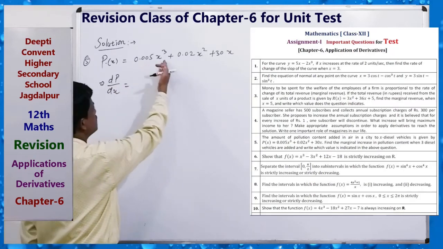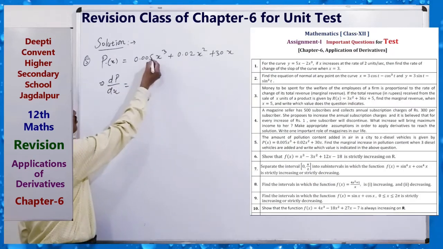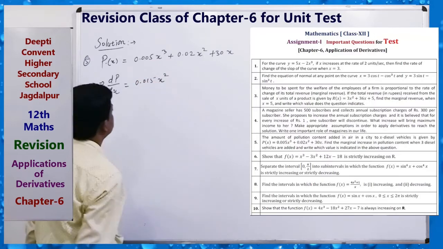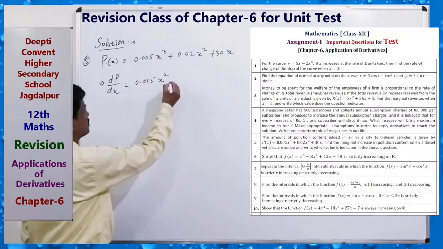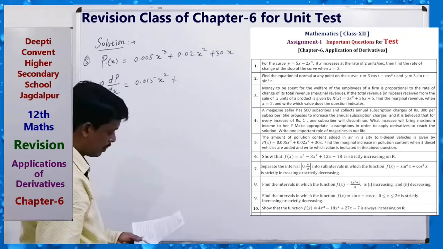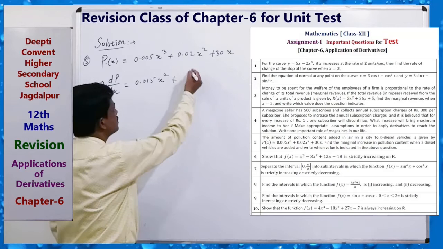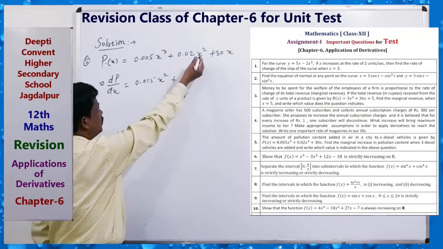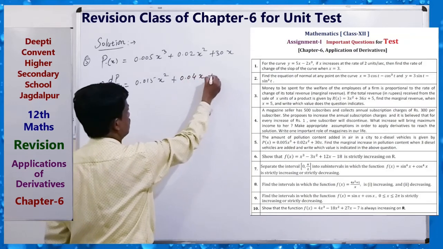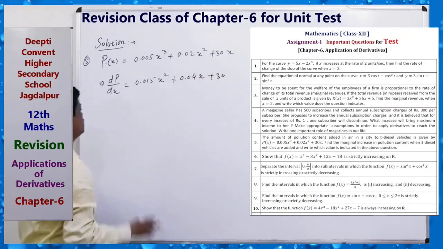Differentiate: 3 into 0.005 means 0.015x square, plus 2 into 0.02 means 0.04x, plus 30. This is the derivative.